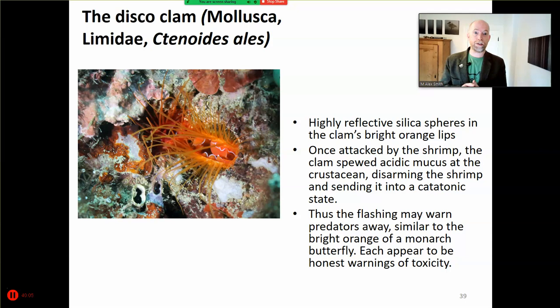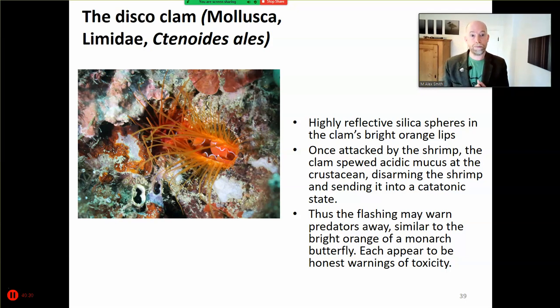that the silica spheres themselves don't do anything to a potential predator. But the current hypothesis is that we're seeing the retention of this disco clam, this disco-like silica extension, because they're sending a somewhat honest signature of unpalatability to potential predators.